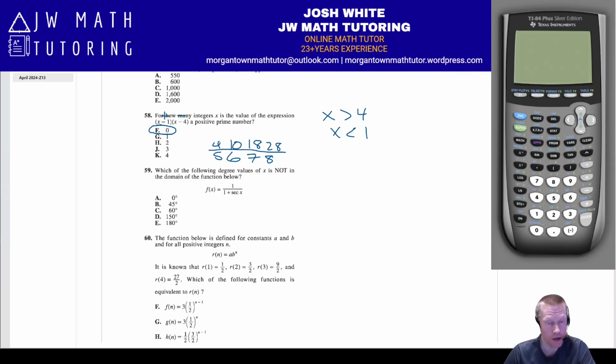Therefore, the new number is essentially guaranteed to not be prime, because a prime number is a number that only has two factors, one and itself. So if you end up with two numbers that are not one and you multiply them together, then the result is automatically not a prime number, because you're multiplying 2 and 5, or 6 and 3, or 7 and 4, or whatever, keep going.